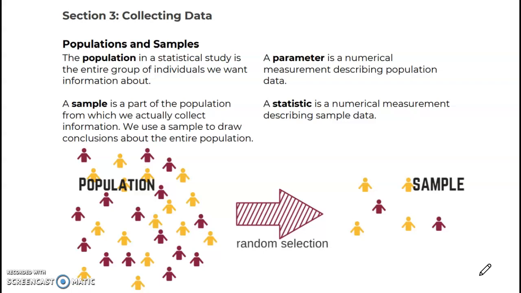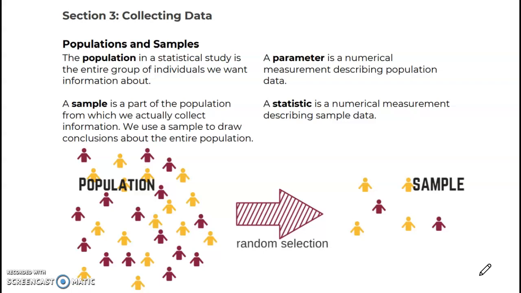So not all samples or sampling techniques are equal. There are some better ones, and then there's some really bad ones. So a statistic is a numerical measurement describing our sample data, and the idea is, can we take the statistic and make inference and say something about the population parameter?